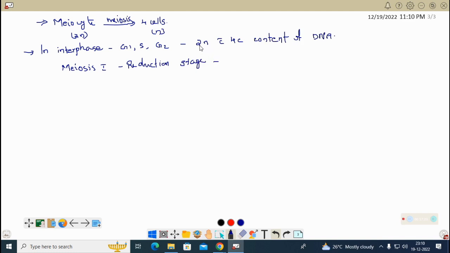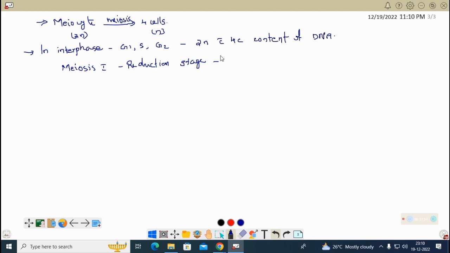So 2n will be reduced to n, the haploid number, and the 4C content of DNA will become 2C content of DNA. Because how is this 2n number of chromosomes with the 4C content of DNA? Because each chromatin thread or chromosome is with its sister chromatid, right?